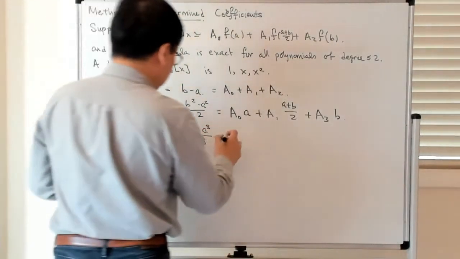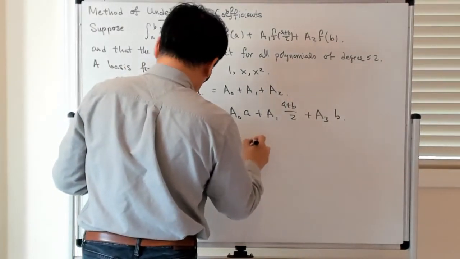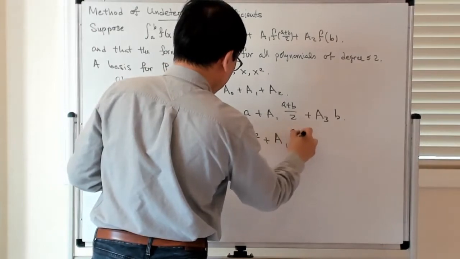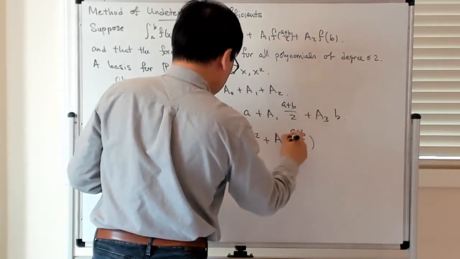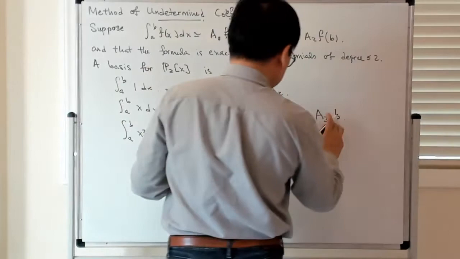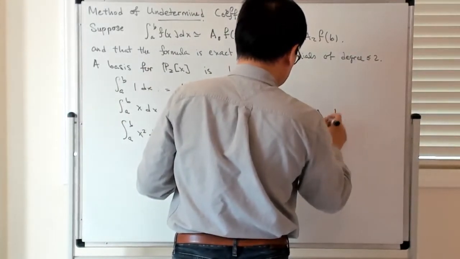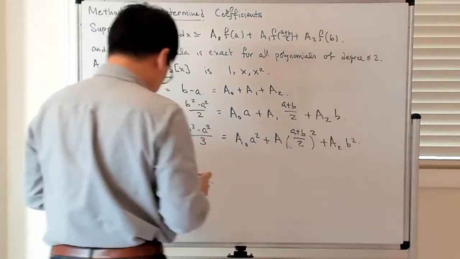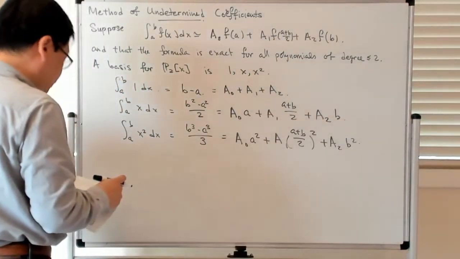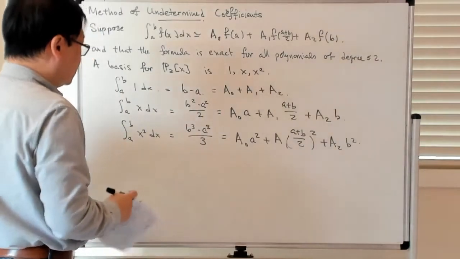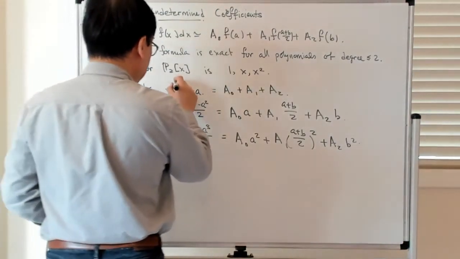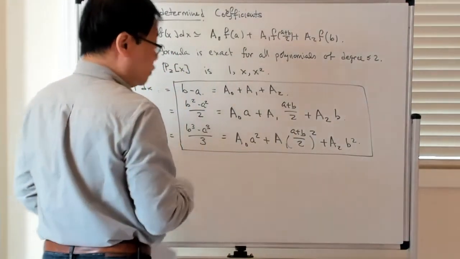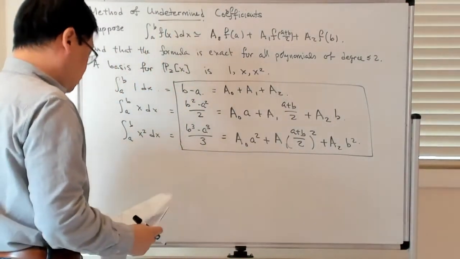This is equal to a0 a squared plus a1 ((a plus b)/2) squared, sorry, that's a1, plus a2 b squared. All right, so you get this system of three equations, and you have three unknowns, a0, a1, and a2, which you're then going to try to solve for.